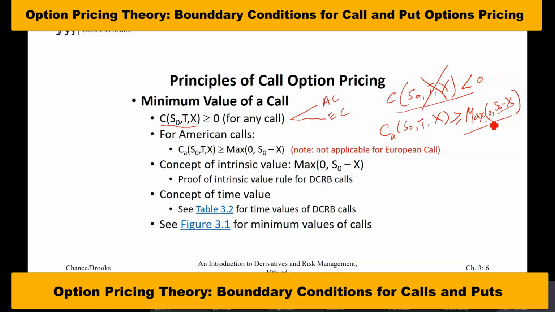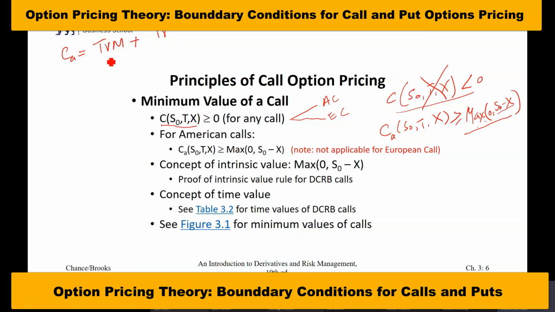Now this concept is not applicable for European call, and there is a reason for that. If we look at the value of a call, it is composed of two things, and we are going to talk about it. We are talking here about the American call. So the value of an American call is time value of money plus the intrinsic value.